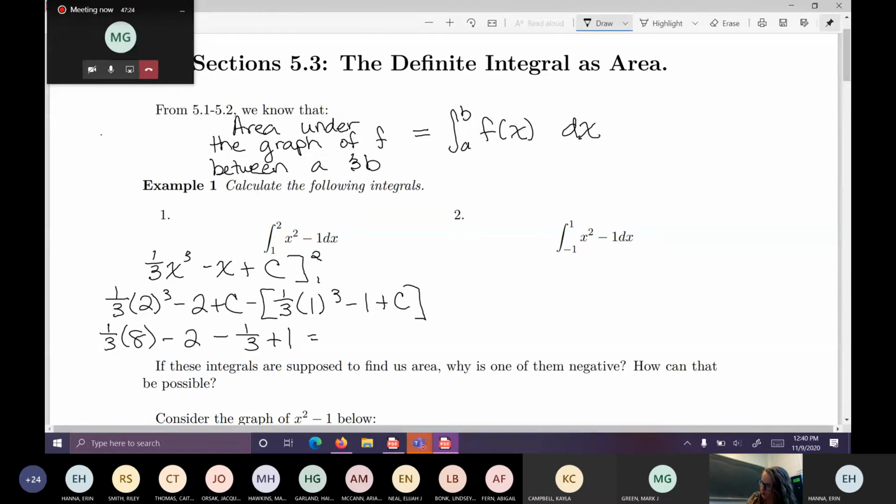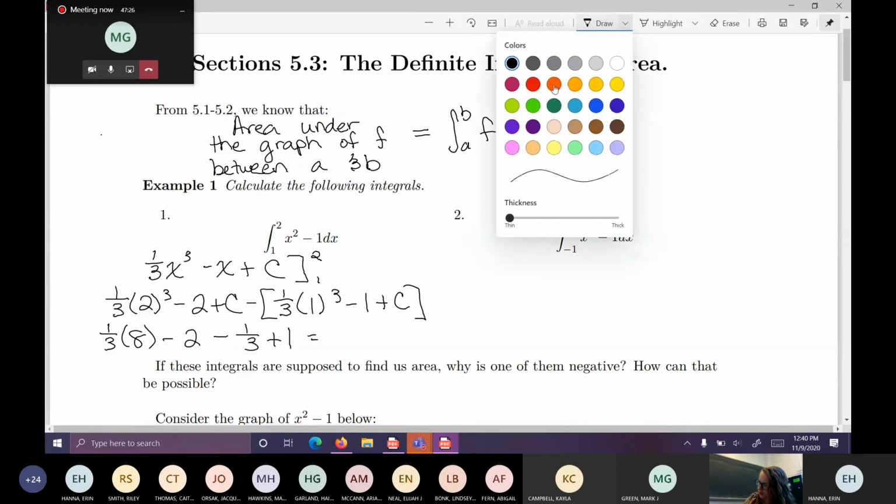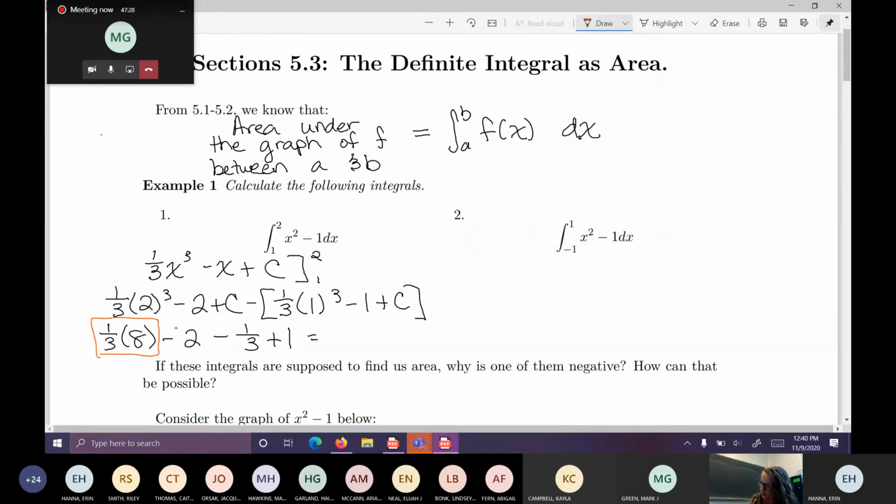So essentially, if we focus on combining, like if we're trying to do this in our head a little bit, if I combine together the 8/3 and I subtract this 1/3, I'm going to get 7/3, and then the -2 plus 1 will give me -1, which is 3/3. So we'll get 4/3. That one, it's not as bad if you do it into your calculator, but I wanted to do it by hand since that's what we were just practicing.